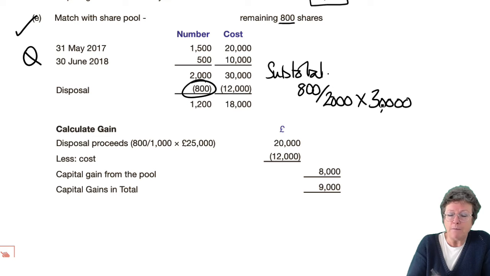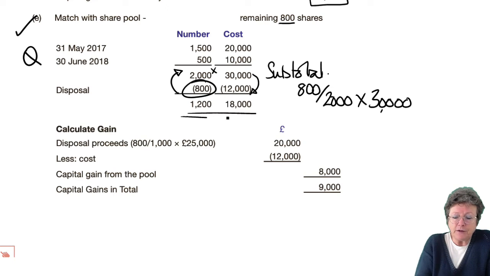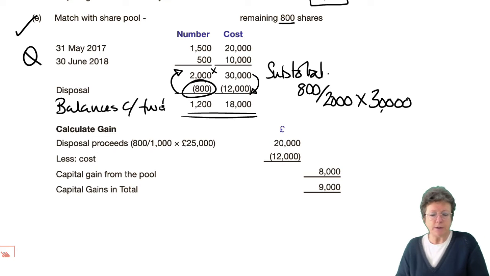That's my kind of way my brain works. 800 out of the 2,000 multiplied by that will give me that. That's the way my brain works. Okay, these are the balances carried forward for future capital gains tax computations.